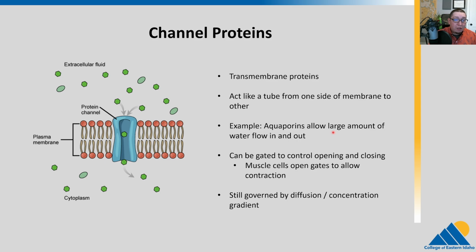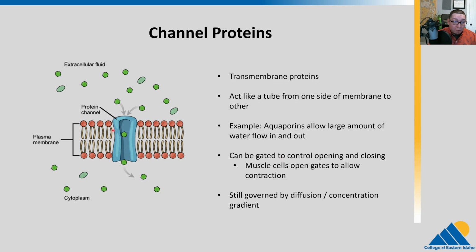There are other examples where it's just kind of a tube. Here's a transmembrane protein that is just a tube, and things will flow through it. Here we can see the hexagons have a high concentration on the outside, and they flow through the transmembrane protein to the inside where there's a low concentration. There's some examples here. We have things like aquaporins, which actually allow water to flow in and out of the cell depending on concentration.